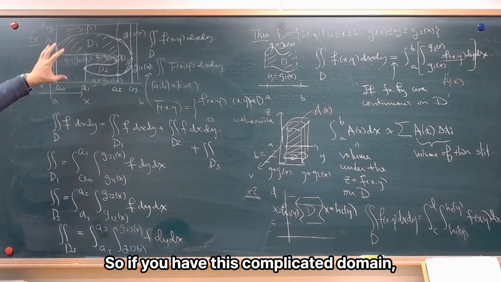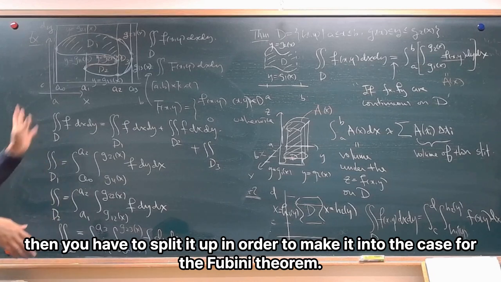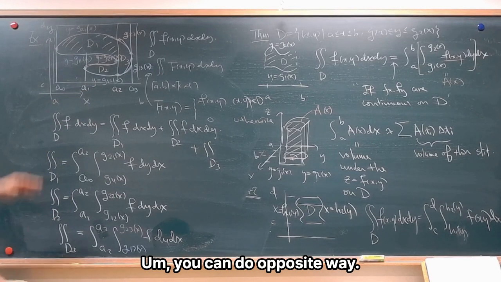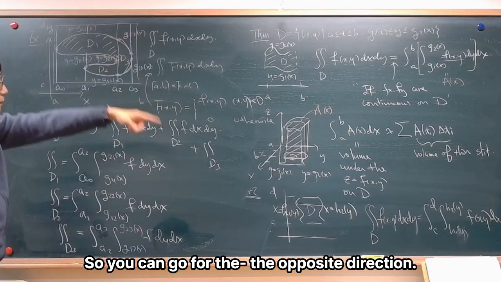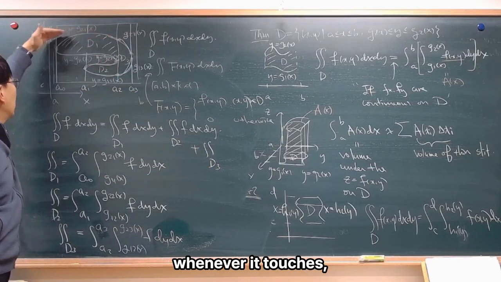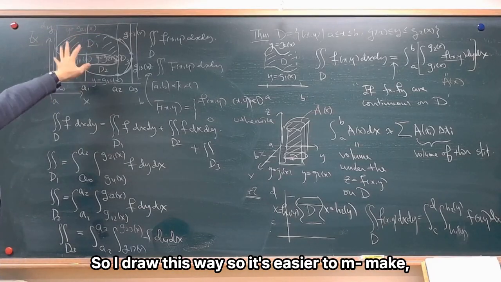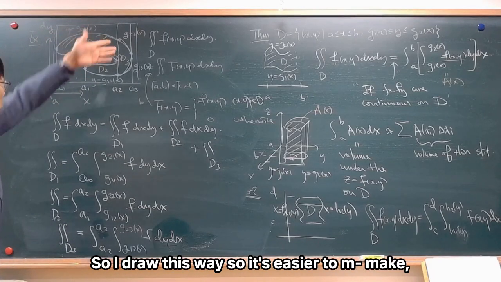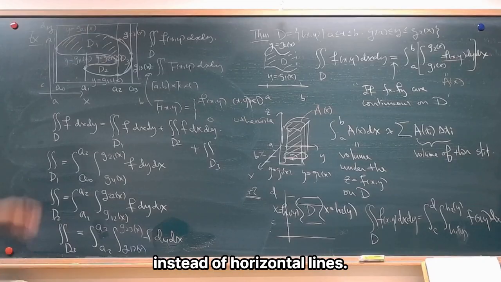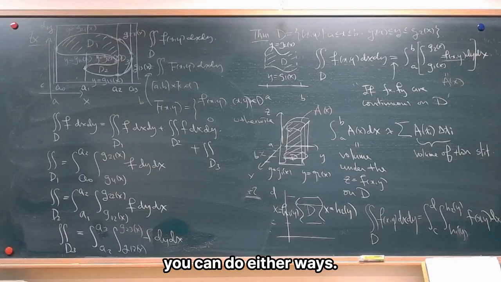So if you have a complicated domain, then you have to split it up in order to make it into the case for the Fubini theorem. You can do it the opposite way, going in the opposite direction. In that case, you take a horizontal line whenever it tangentially touches the domain. I drew it this way because it's easier to make tangential vertical lines instead of horizontal lines, but if the situation is given otherwise, you can do either way.